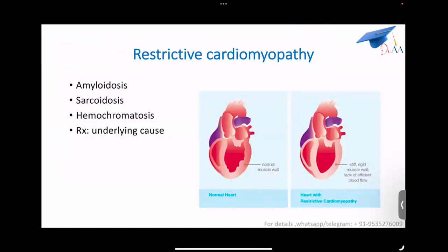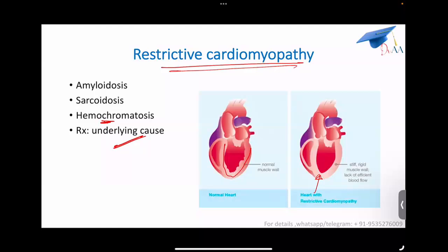The last one is restrictive cardiomyopathy. Not tested much because this is usually diagnosed by GPs or cardiologists. Rarely they'll present to the ED as an acute presentation. If they do, you just need to treat the underlying cause. What is restrictive cardiomyopathy? The ventricle wall is deposited with iron particles as seen in hemochromatosis.